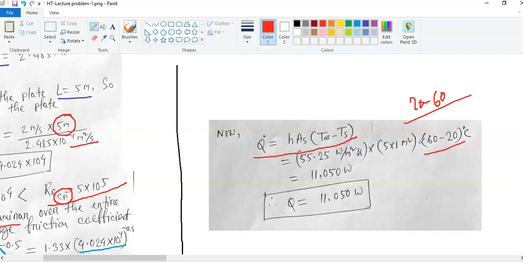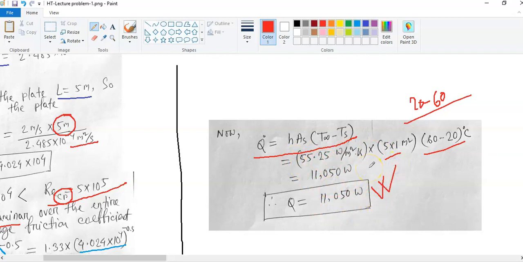So when you calculate the temperature difference delta T, always write the higher temperature, the maximum temperature, at first, and then the minimum temperature. That's the formula. And we know the area. This is per unit width, and this is h, the convection heat transfer coefficient. So we got the rate of heat transfer.